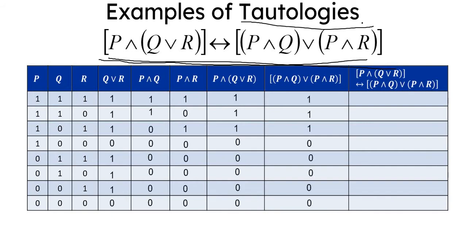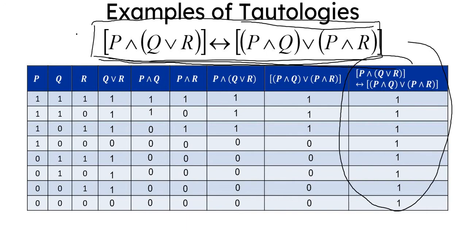And here are the values. We'll not go through that because I think you'll be able to go through that when you do your own truth table. But as you can see here, all the values are true. So therefore, this statement is an example of a tautology, because all the values at the final column are true. But do take note that not all biconditionals will be tautologies. We would have to show via the truth table that it would be a tautology, because it might not be.